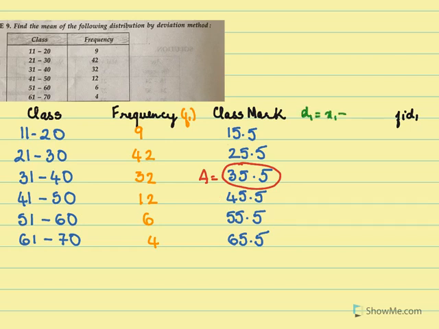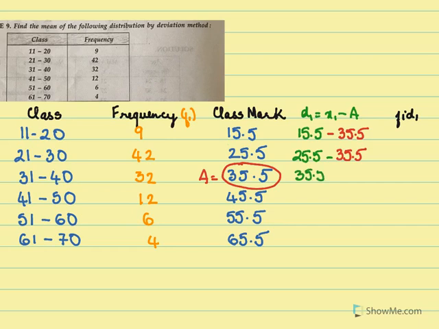Next we're going to do the deviation. Deviation is xi minus a. Each reading we have to subtract from 35.5. So here 15.5, we need to subtract 35.5. Next one is 25.5, that is xi, subtract 35.5.